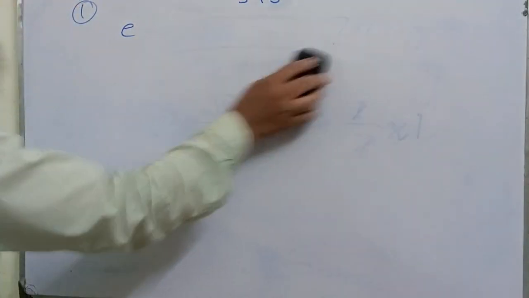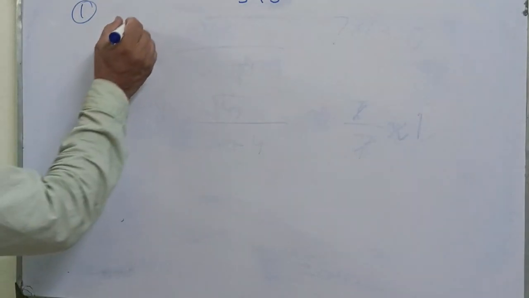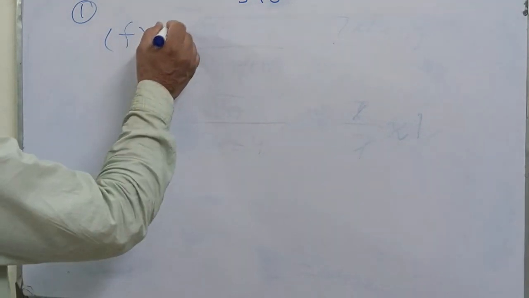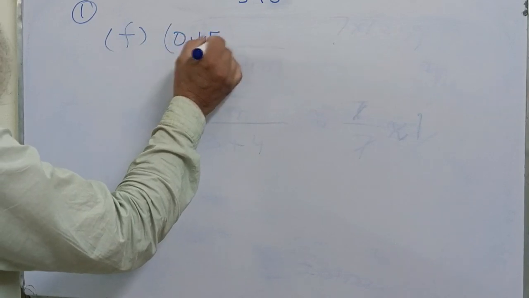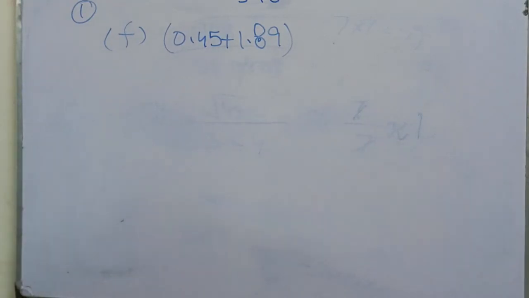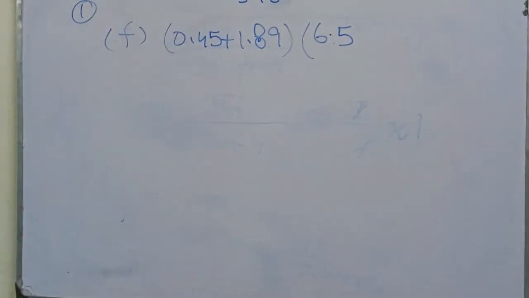Part F. F says that 0.45 plus 1.89, and which is again multiplied by 6.5 minus 1.9.